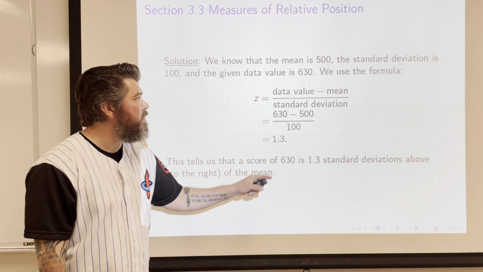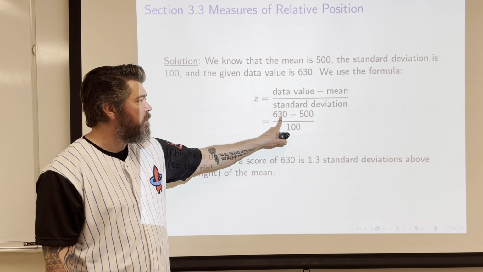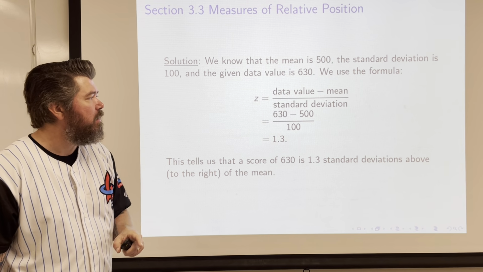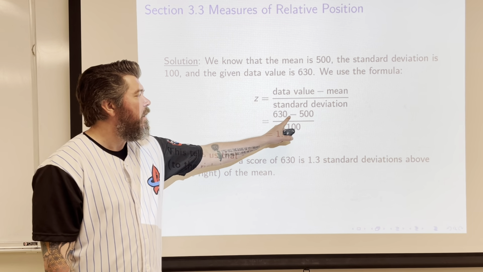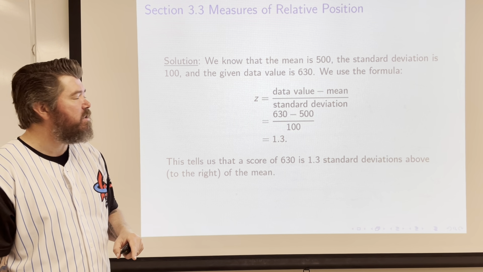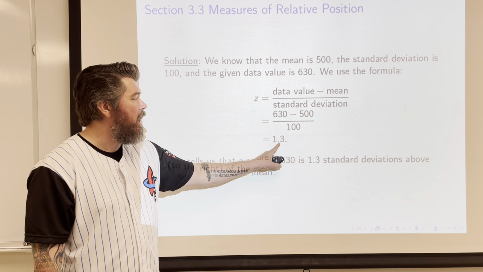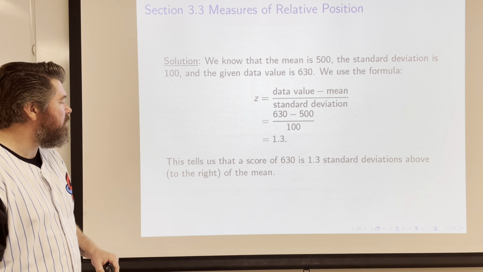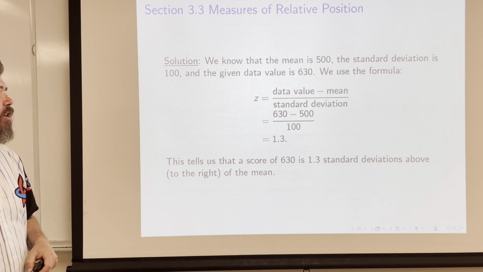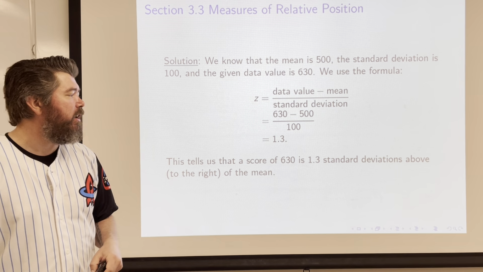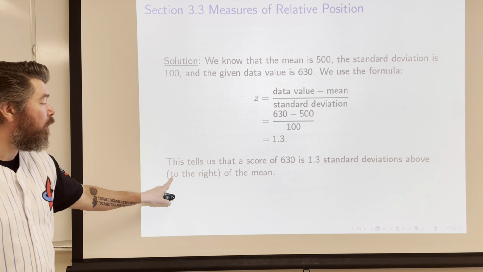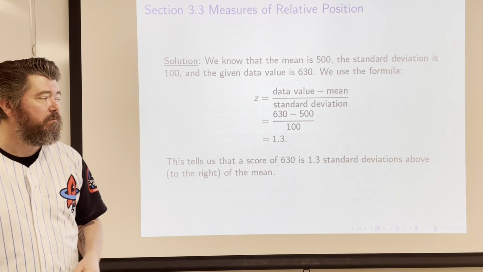So again, we take our data value, 630, and subtract our mean, 500, and we divide that value by our standard deviation, which was given as 100, and we get the value 1.3. This tells us that a score of 630 is 1.3 standard deviations above the mean, or to the right of the mean.